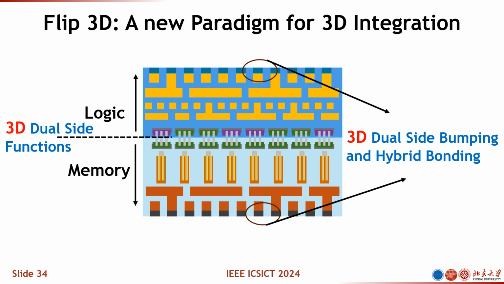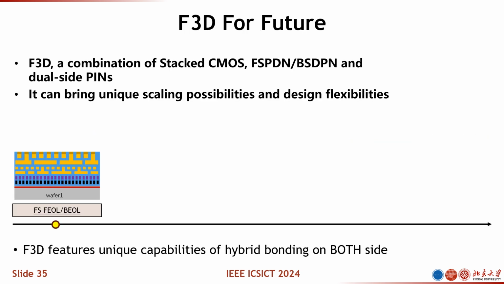But if you have two sides of bumping, you can do a much wider bonding regime, which is you can do face-to-face bonding, back-to-back bonding, and back-to-face bonding. So there are multiple ways you can do the bonding, which is totally new.